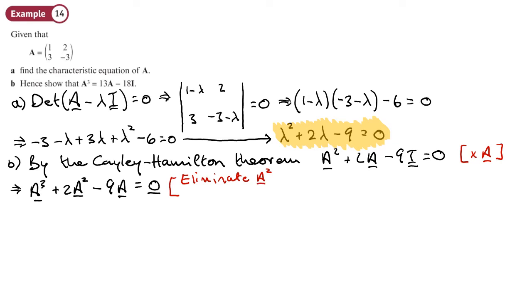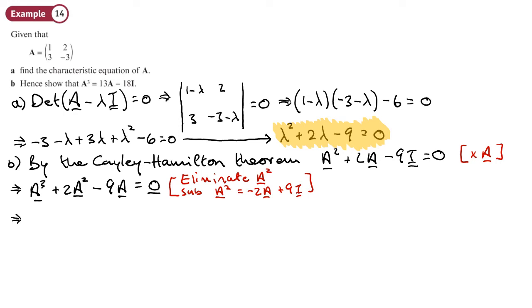And the way we're going to do that is by substituting in A squared. So we'll rearrange this to make A squared the subject. So A squared equals, we'll take away 2A from both sides, and then we will add 9I to both sides. So that will be what we substitute in.